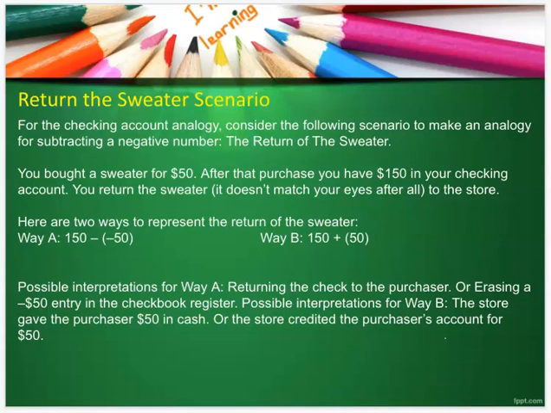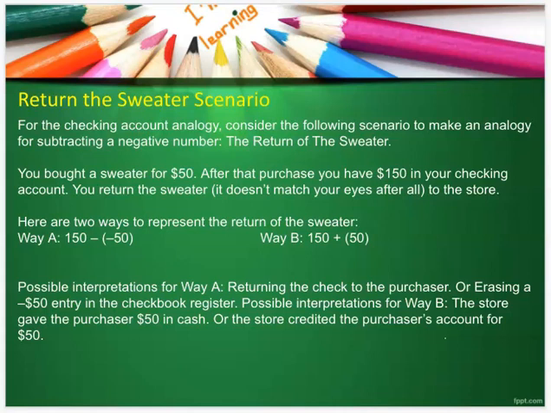Now, if you think of that, taking away the $50 debit, or getting rid of that $50 debit, is actually going to increase your balance by $50. Way B still has the $150 as the starting point, but now it just says I'm adding $50. Notice both scenarios add $50 to the account.